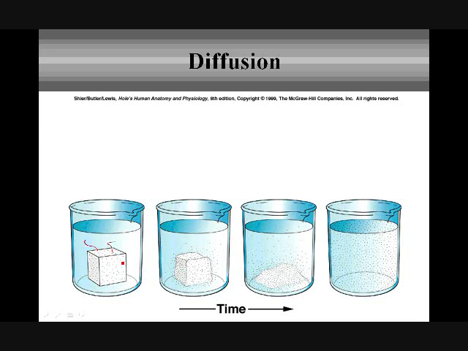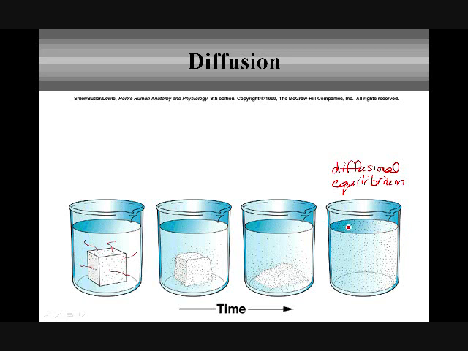They're going to slowly start to spread throughout the water, as you can start to see here and here. And it's not going to be until we reach that diffusional equilibrium that a net movement is no longer occurring.